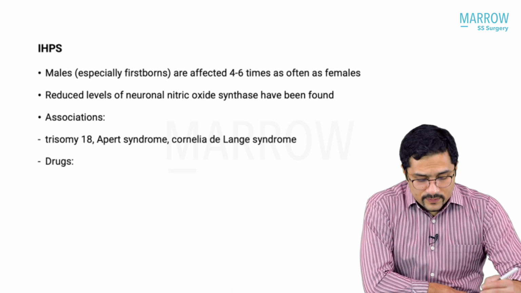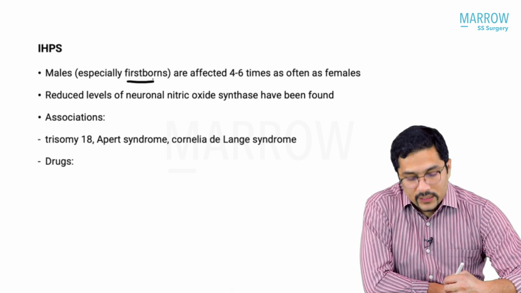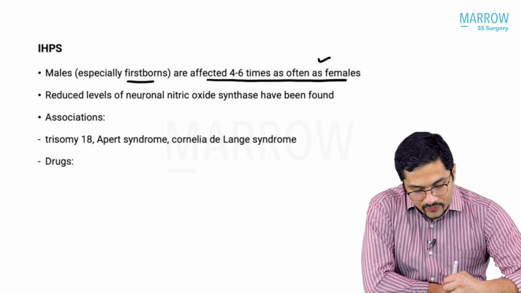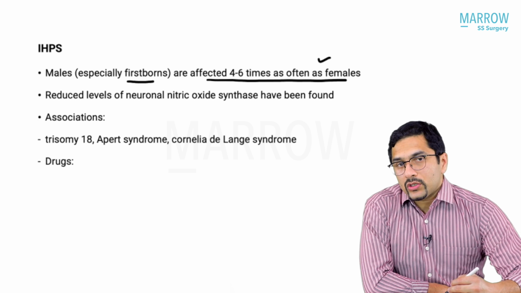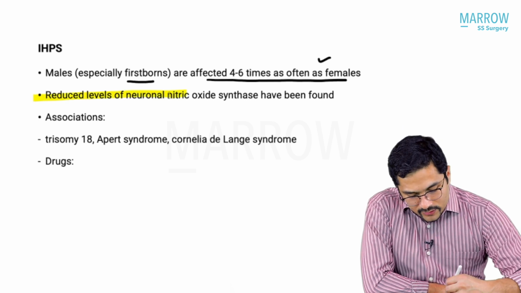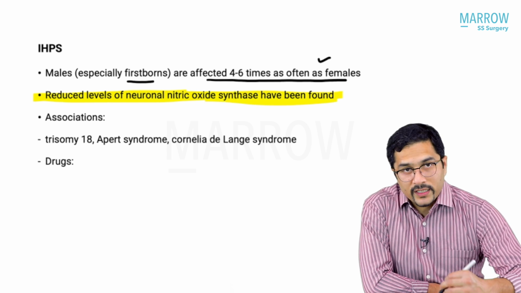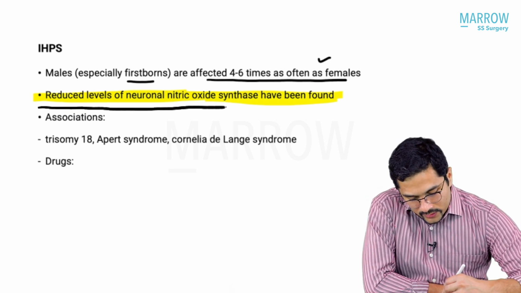It usually affects male patients, usually firstborn male children, 4 to 6 times more than females. This is an important thing which you should know. Reduced levels of neuronal nitric oxide synthase have been found in these patients. So, this is very, very important. This is an update.